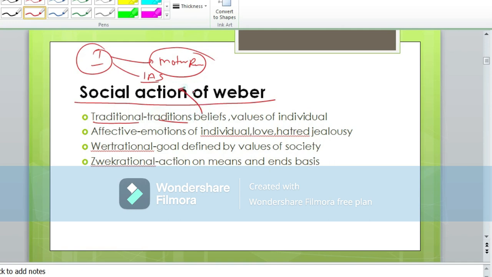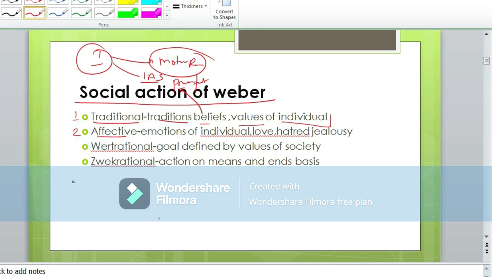Some of his family members were in a power position, holding power in the village, from which he learned that this behavior is more dignified in society. Then it makes the traditional beliefs and values of the individual. In certain situations, the individual is affective.